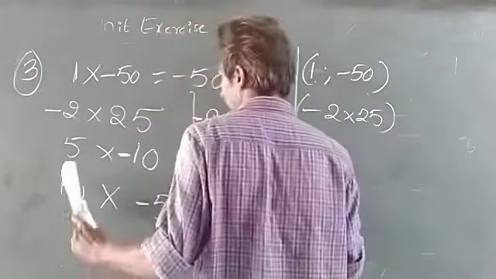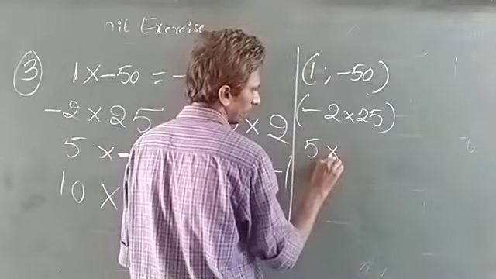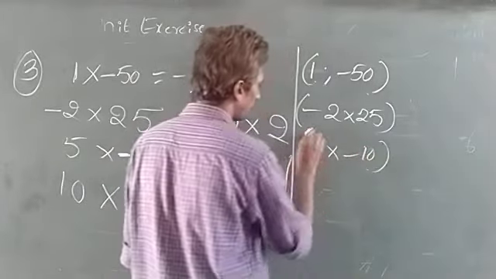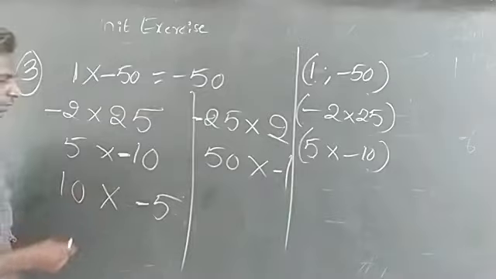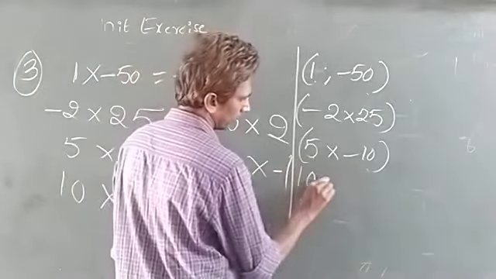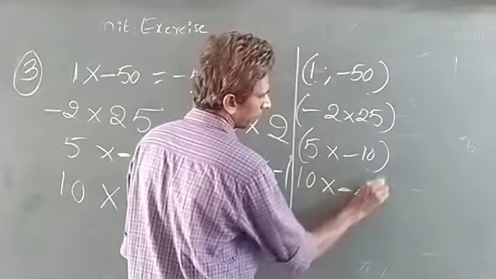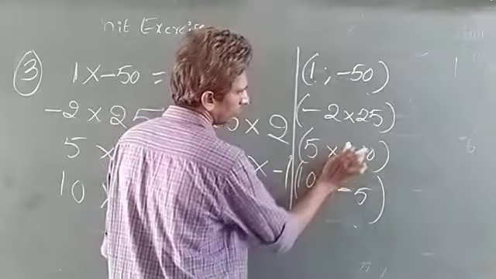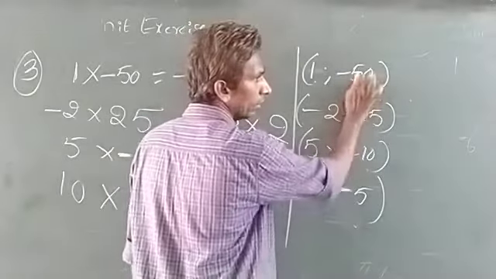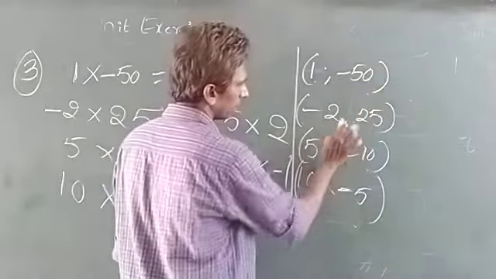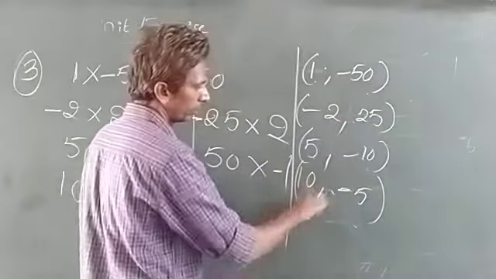Next, third one, 5 into minus 10. So next, fourth one, 10 into minus 5. Sorry, don't put the into, you want to put a comma.